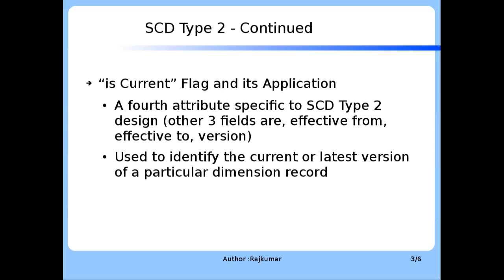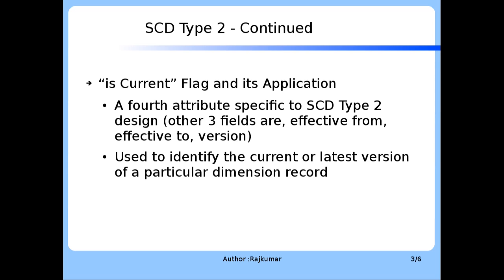In addition to these three fields, we have a fourth field named isCurrent flag, which can be used in any SCD Type 2 design. The application of this field is to identify the current or latest version of a particular dimension record.